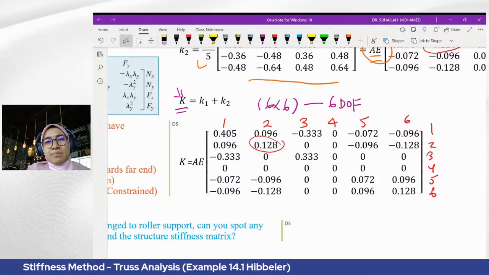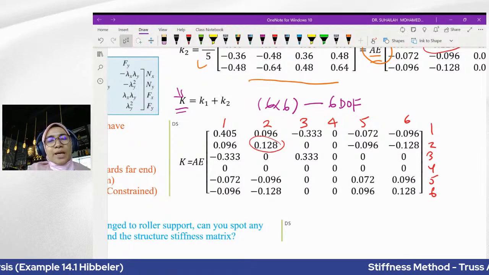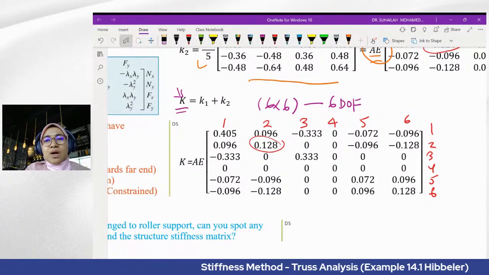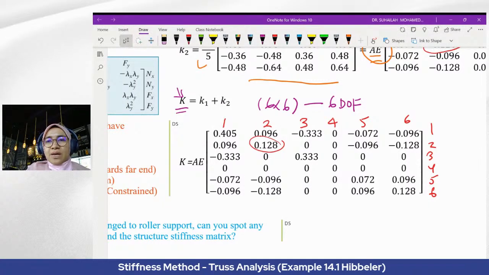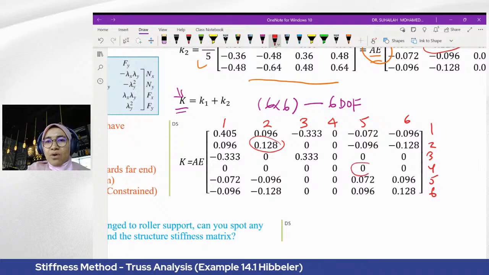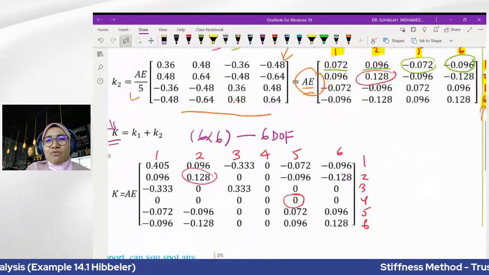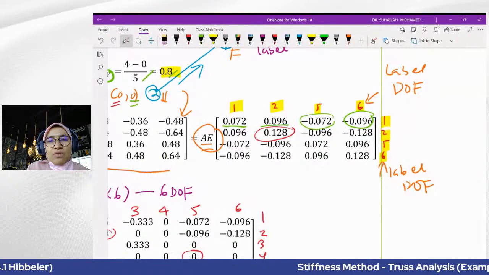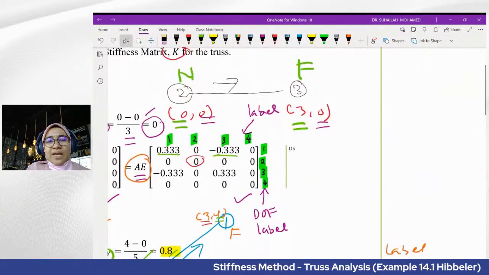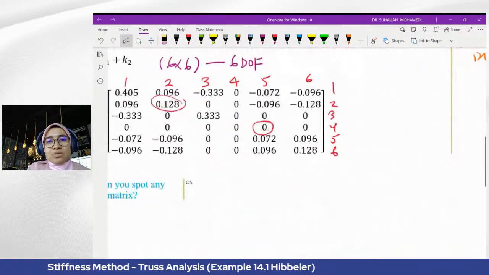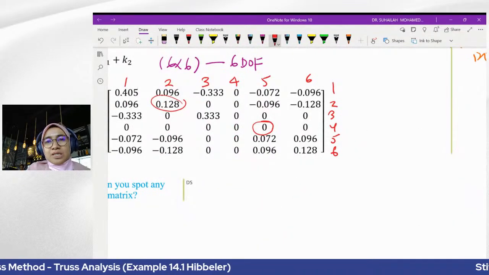We do the same thing to find the value at each position from K1 and K2. For example, if you want the value for position 4, 5, find 4, 5 in K1 and K2. There is no 4, 5, so the value is 0.